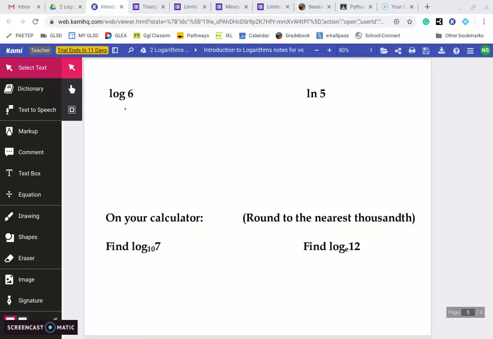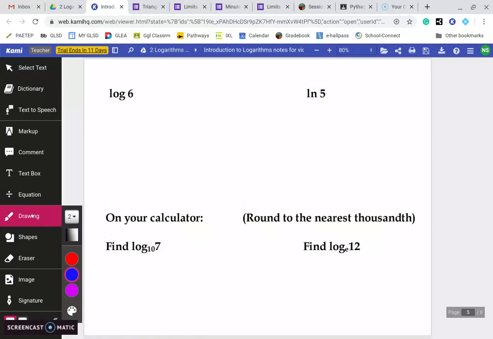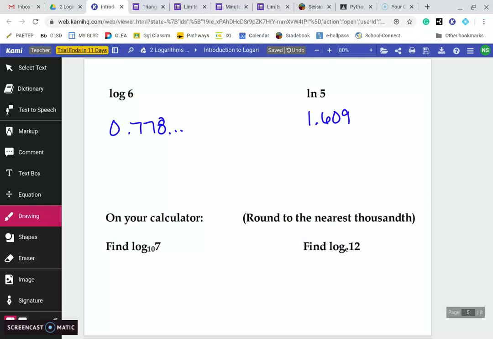So if you just type in log 6 into your calculator, you should get an answer of 0.778 and so on. It'll be a big long decimal, but that's what you should get. Then if you type in ln of 5, you should get 1.609 and so forth. But what does that mean?